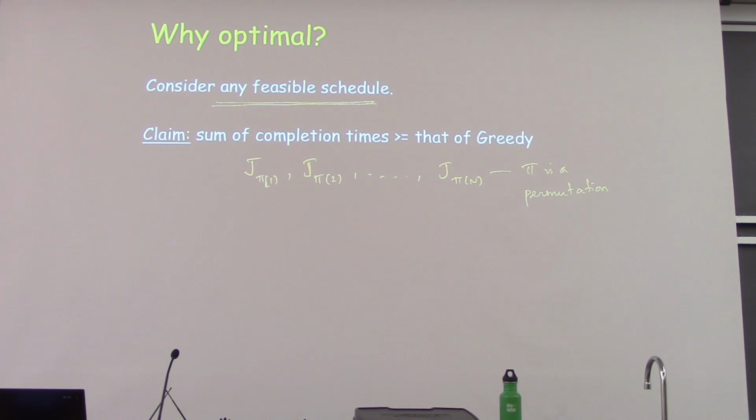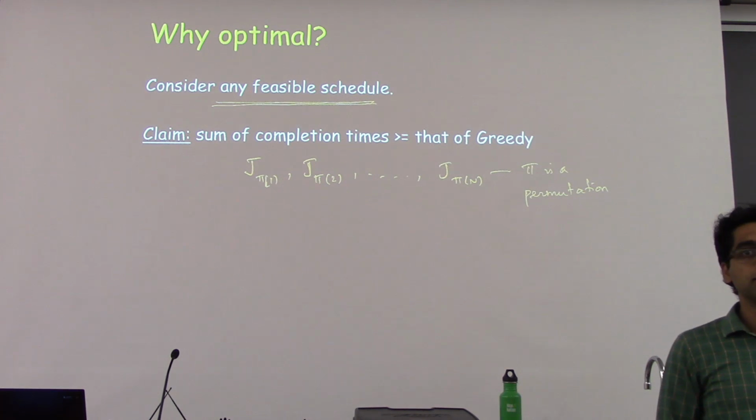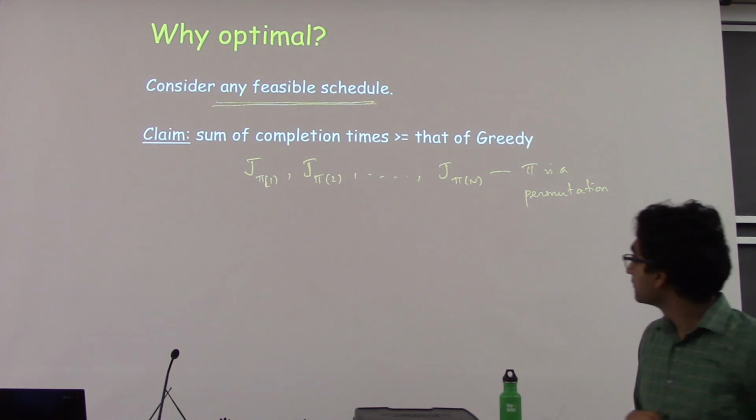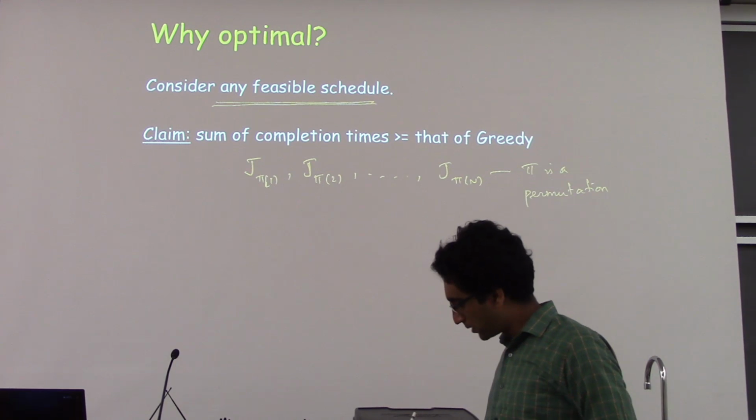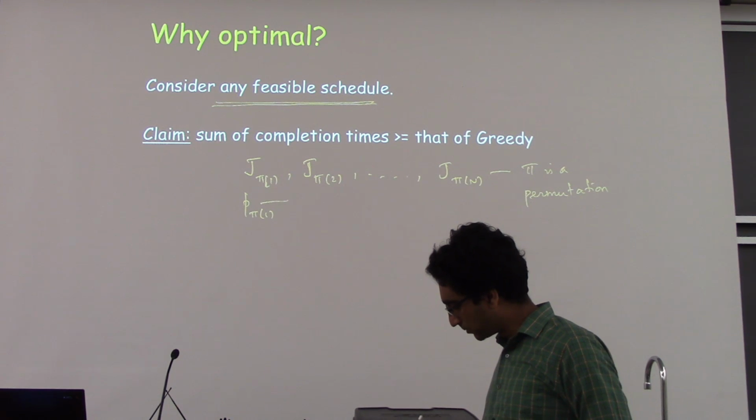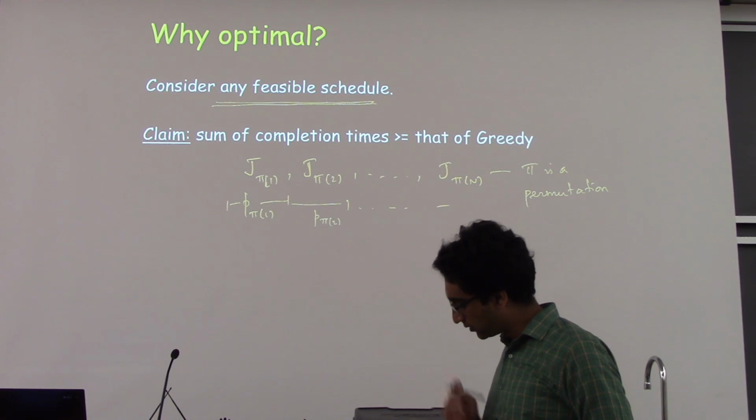Pi is a permutation of the numbers 1 through n, and any possible schedule is something like this. And this has some p_pi(1). So this is the job that's scheduled first. This is p_pi(2), and so on.